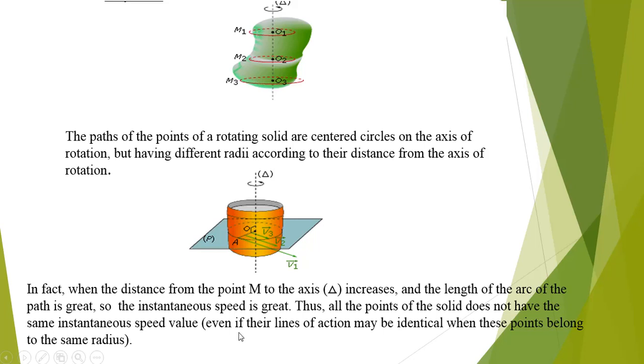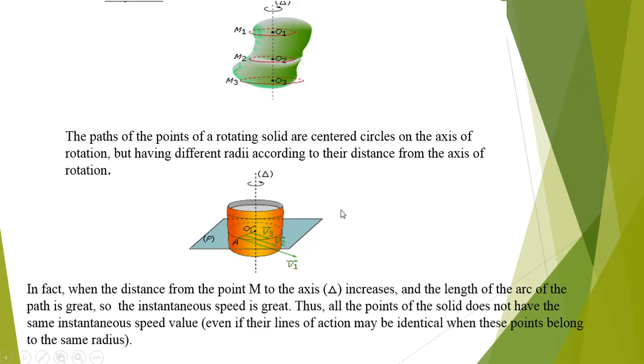So, when the point M is far from the center, the magnitude of its velocity vector increases. Thus, all the points of the solid do not have the same instantaneous speed value, even if their lines of action may be identical when these points belong to the same radius.